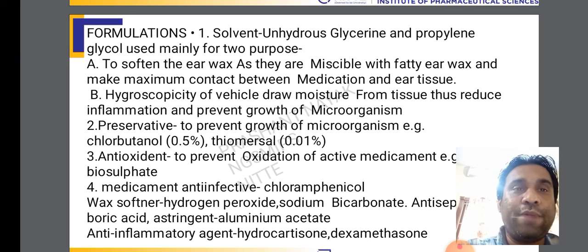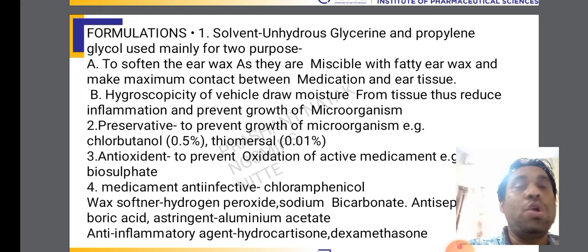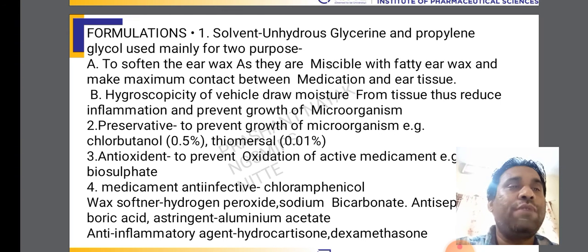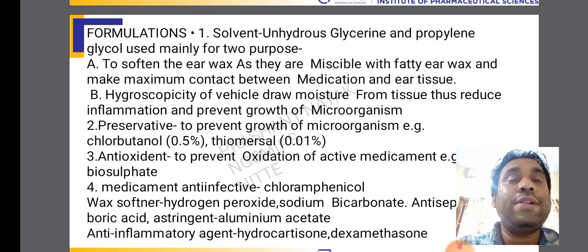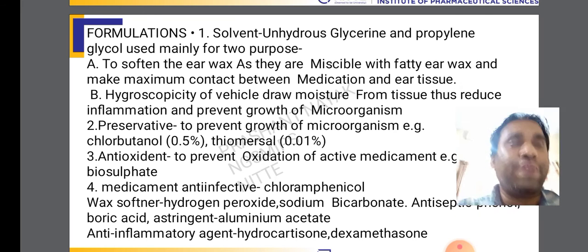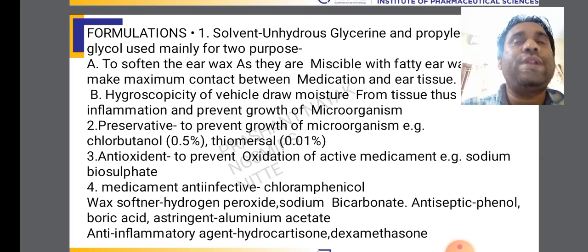Preservative is used to prevent the growth of microorganisms. Examples are chlorobutanol 0.5% and thimerosal 0.01%. Antioxidants are used to prevent oxidation of the active medicament, for example sodium bisulfite. For the medicament, an anti-infective such as chloramphenicol is used.